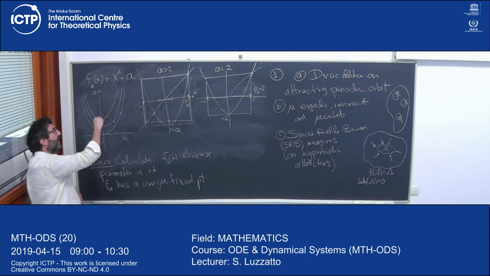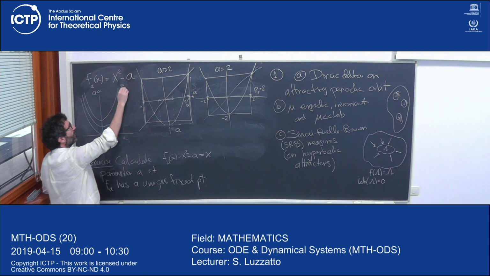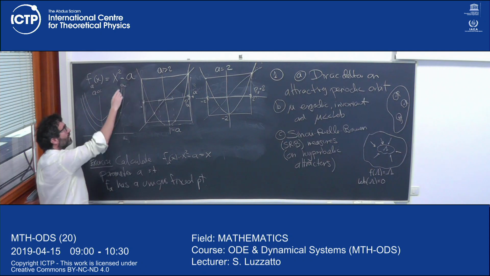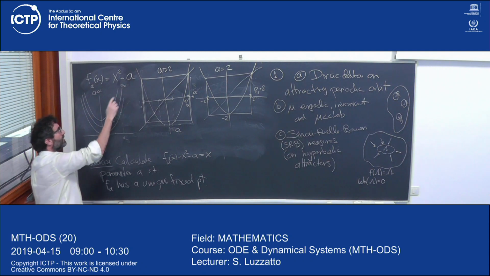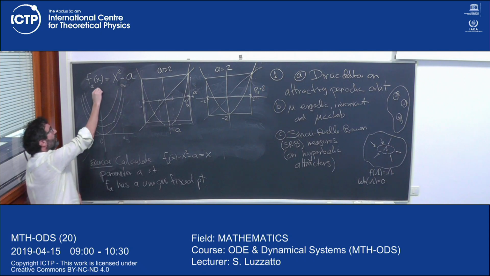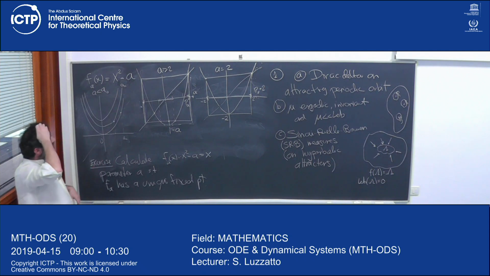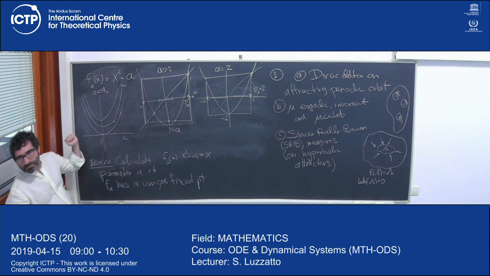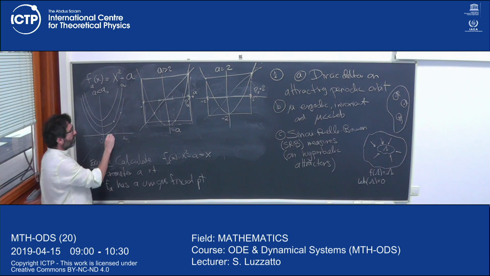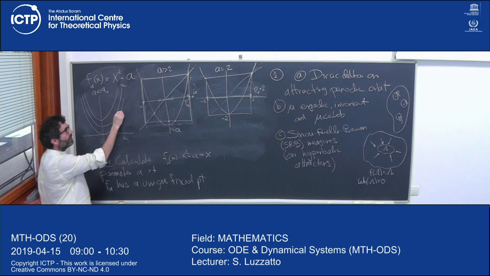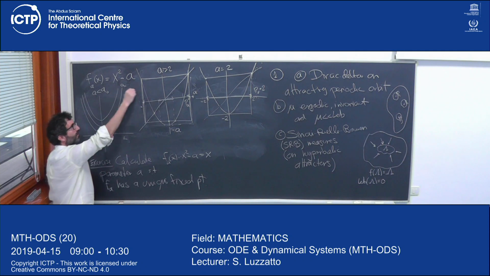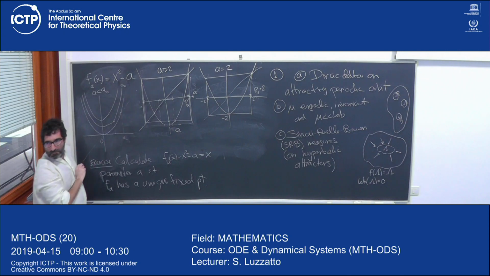So what's the dynamics in this case? Let's call this particular parameter A0. What happens for A less than A0? In other words, where there's no fixed point, what's the dynamics? You take a point x here, you map it to here, map it to the diagonal, map it to here.